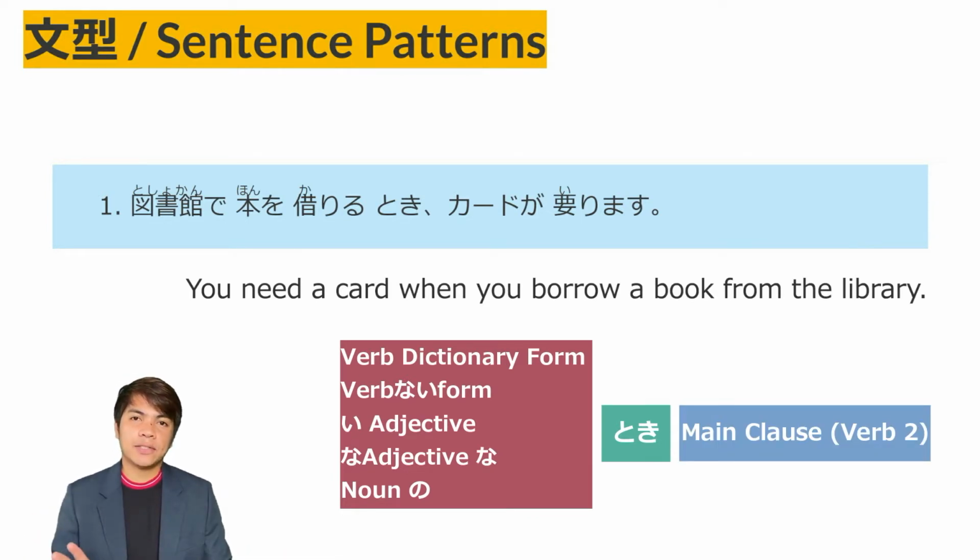Now, toki is used to connect two sentences. Toki is a noun, so what comes before toki should be in plain form, just like when modifying a noun. This expresses the time or occasion, toki meaning "when" in English.